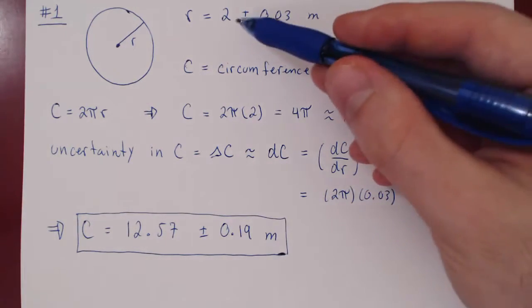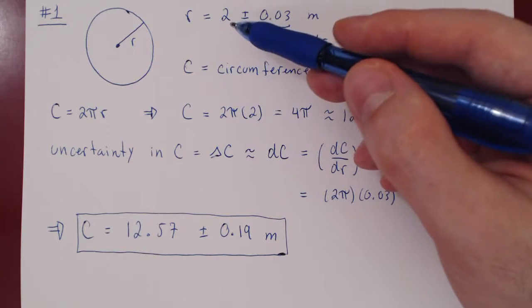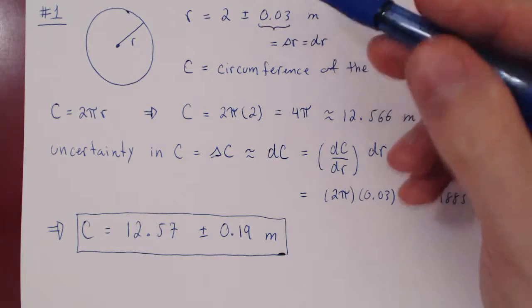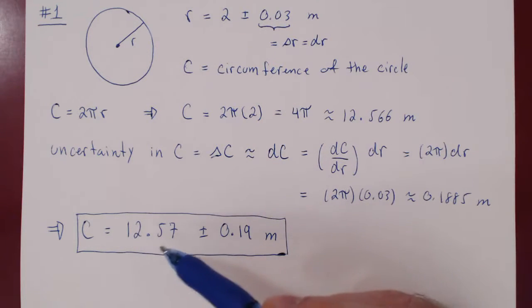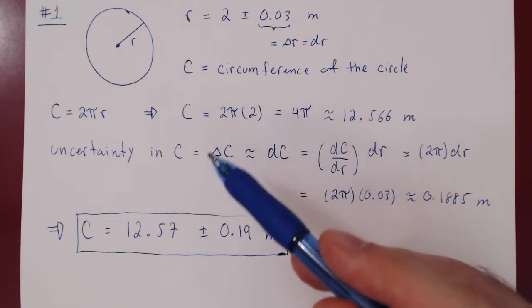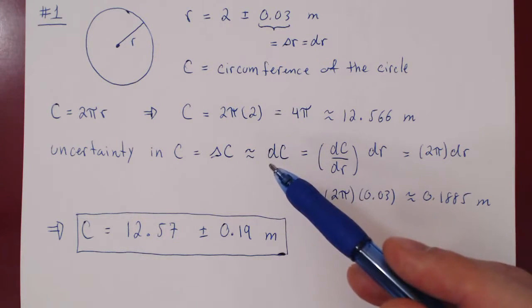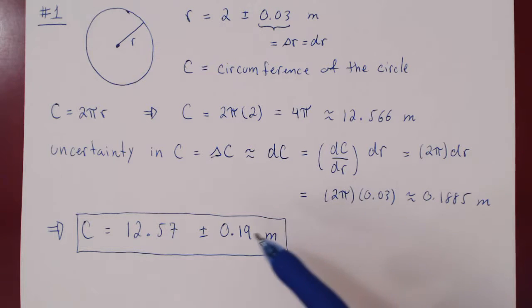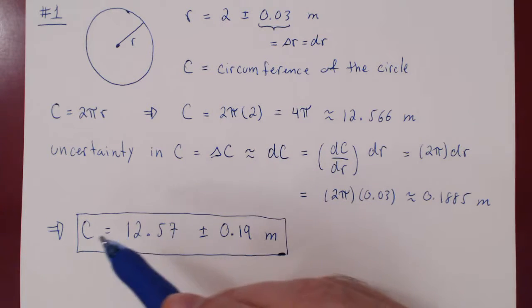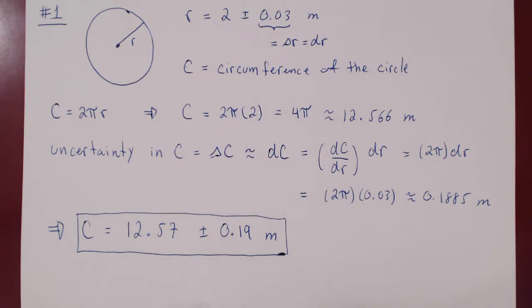If you found the radius of the circle to be 2 meters with an uncertainty of 0.03 meters, you will then obtain a circumference of 12.57 meters with an uncertainty, which is estimated by the differential, of about 0.19 meters. And this is how you can use differentials to estimate the uncertainty in the calculation of a variable. And that's it. Let's do 2 more examples.